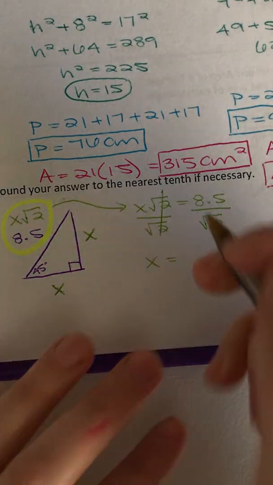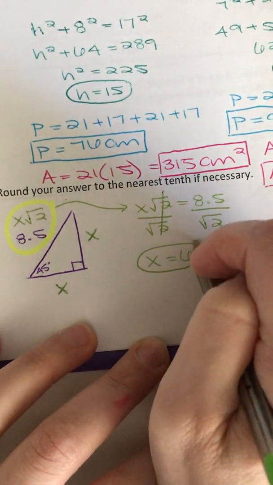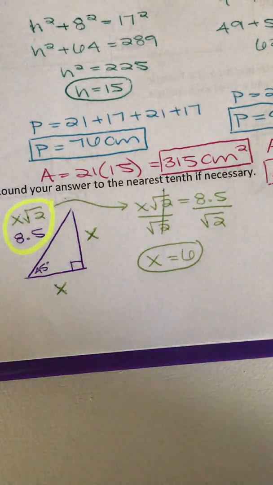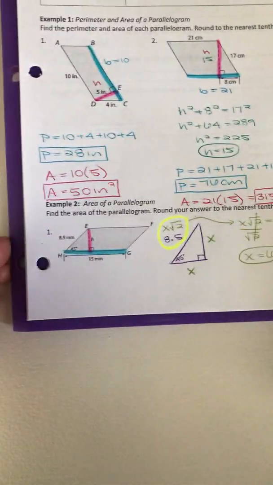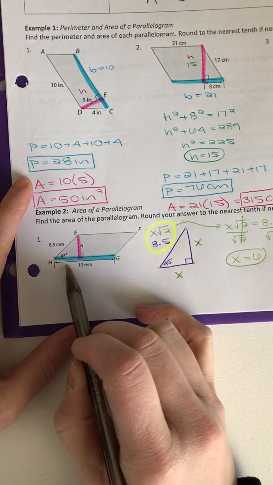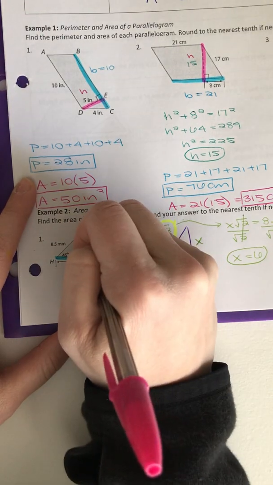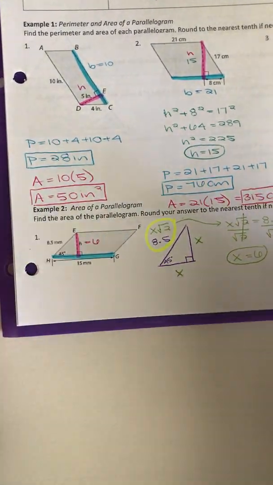And I'm going to let you just write that x equals 6. So going back to my problem, this side 6, this side 6. We don't really need to know this side, but we need to know that my height is equal to 6.